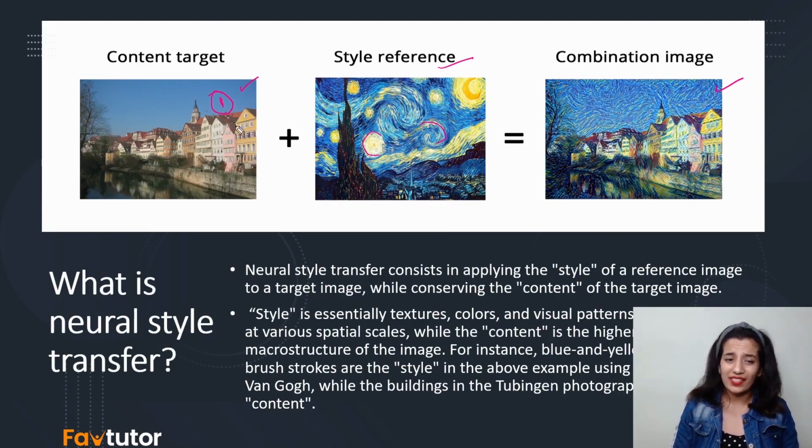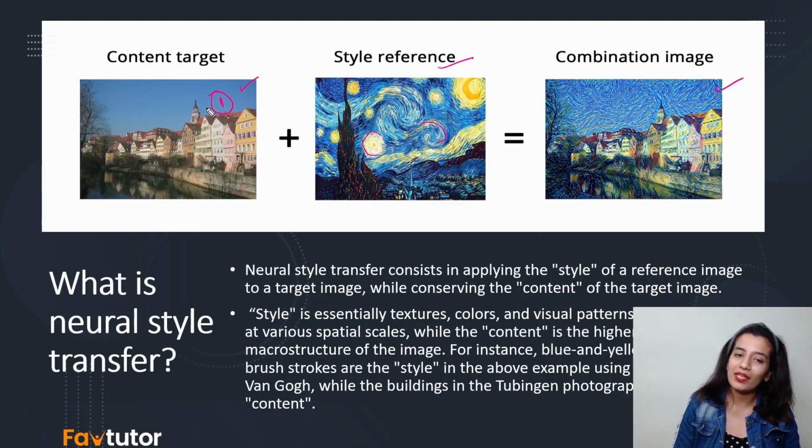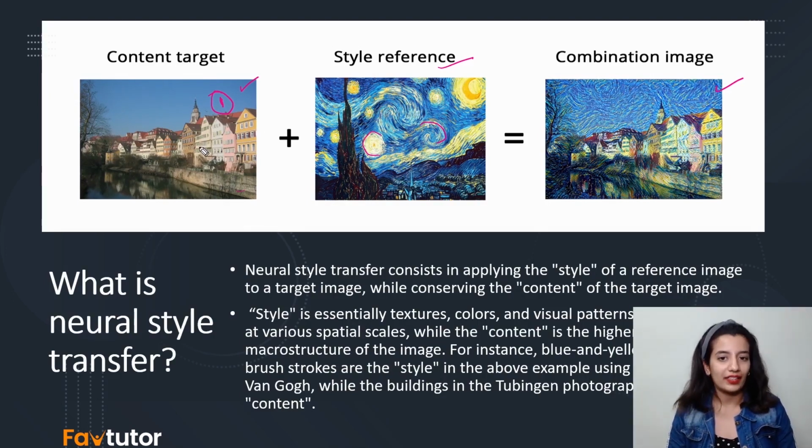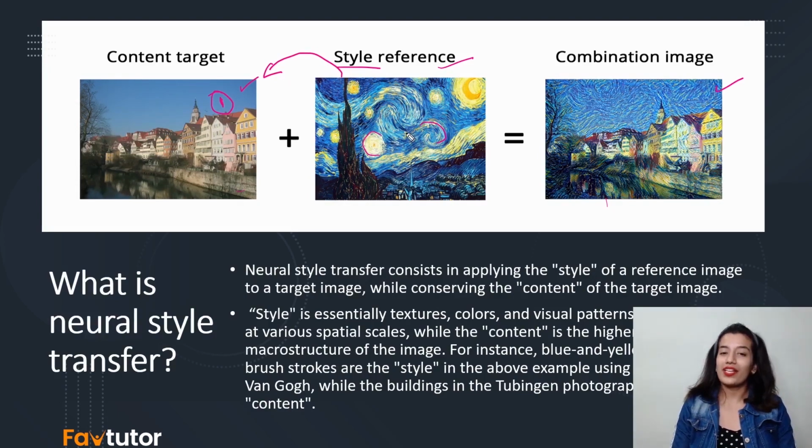Content refers to these houses, this tree and this lake, whatever content we have. The style from the reference image is copied onto the target image, which consists of the content, so content is preserved when you generate such an image. Such technology is called neural style transfer. You're just transferring the style, nothing more than that.